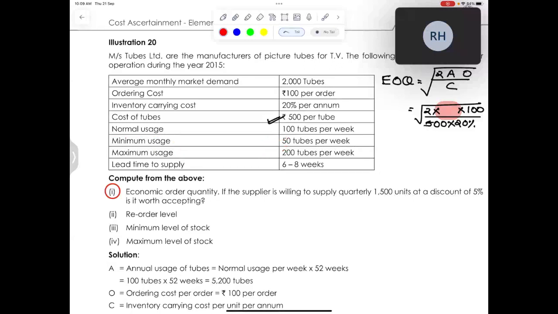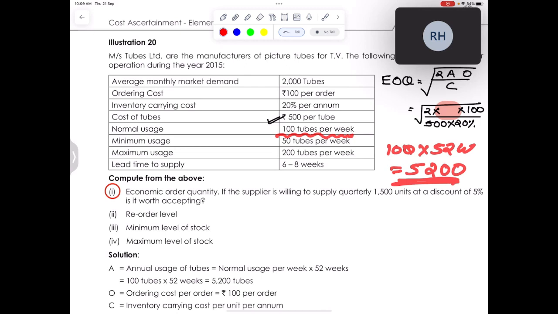The more probability is with the average one, and the average is 100 tubes per week. So 100 multiplied by 52 weeks provides the annual requirement of raw material: 5200 tubes.